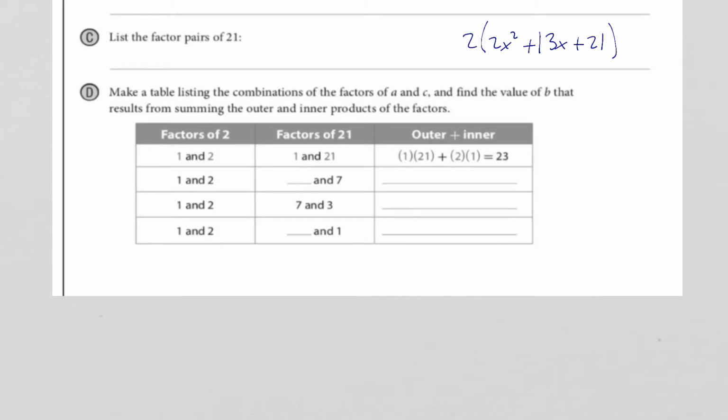We have 1 and 21, and we have 7 and 3. The reason we're concerned about the factors of 21 is that some combination of the factors here and some combination of the factors here have to add up to that middle term.